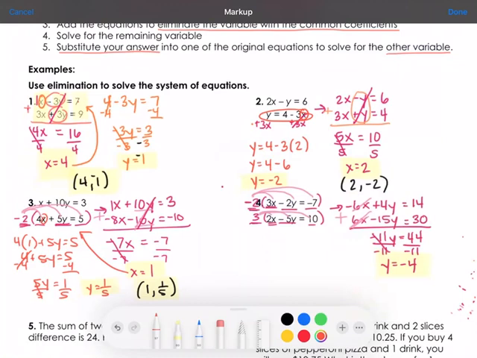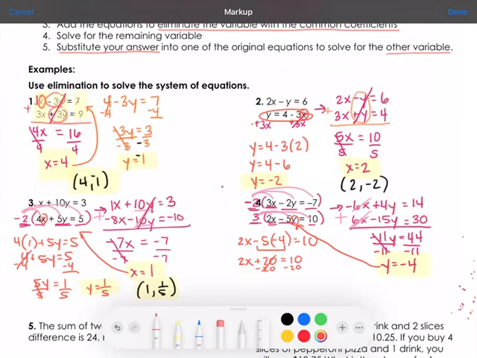All right, now I just need to substitute this in to solve for x. I'm going to go ahead and plug this in here for y. So I get 2x minus 5 times negative 4 equals 10. Now I need to multiply these two together first. So I get 2x. Negative 5 times negative 4 is a positive 20 equals 10.